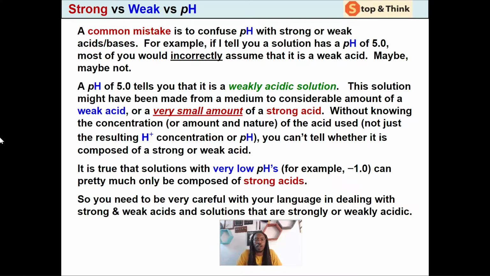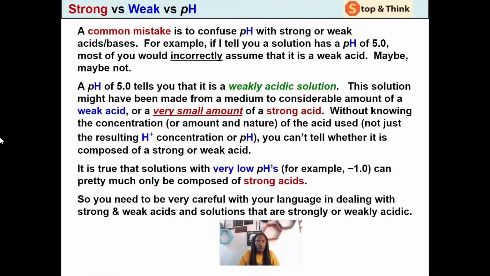But when we're talking about pH, we're talking about the overall solution. Okay. So when you hear me say pH of 5, we're talking about a weakly acidic solution, not a weak acid. Okay, that does not mean it's a weak acid. It's a weakly acidic solution.